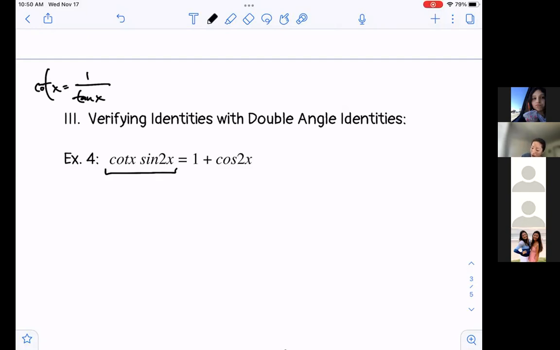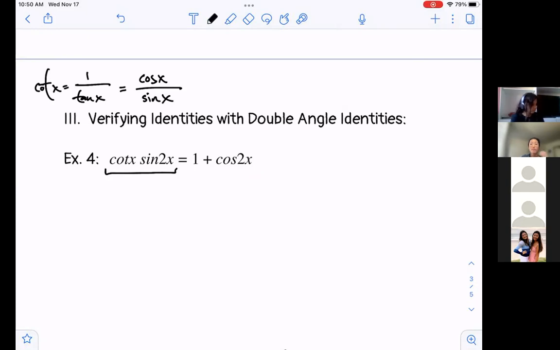But someone tell me another way that I could write cotangent. Cosine x over sine x. Okay, that's a different way. I believe that cosine x over sine x.